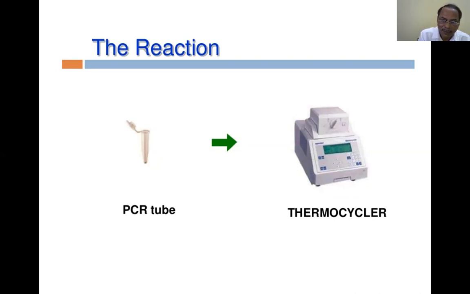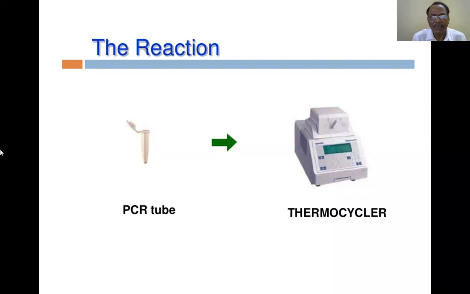If it is magnified, from 10 to 20 copies of DNA or RNA to a few million copies, then we are able to identify that particular material by our conventional, specified methods.